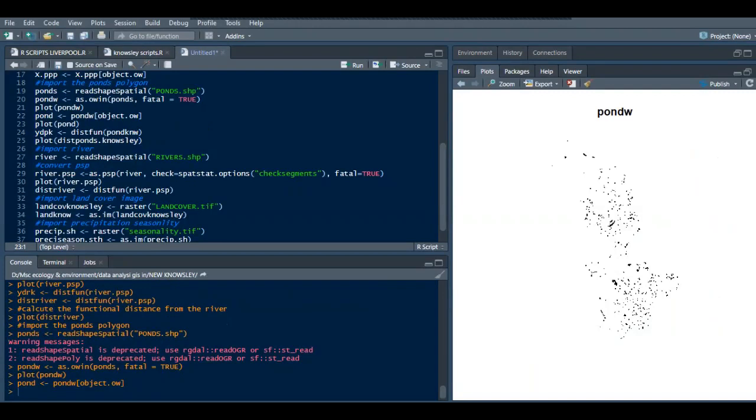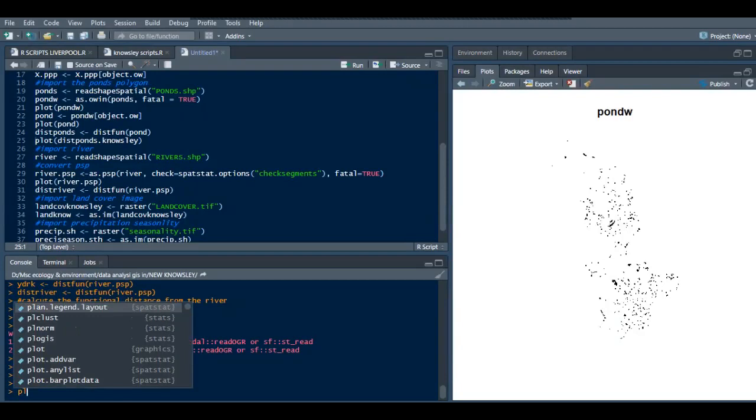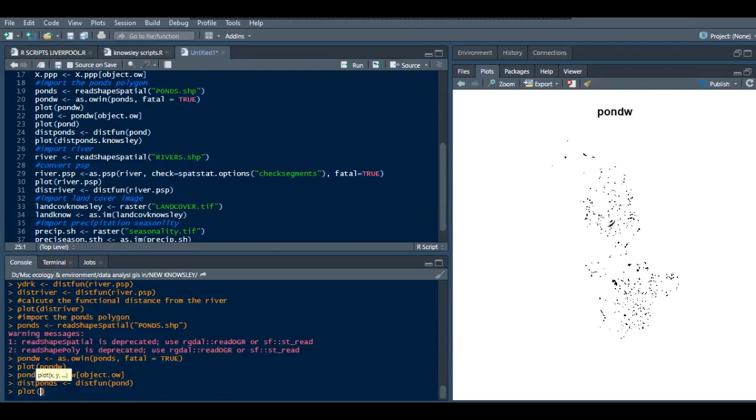We can also get the distance from the points, and I'll write dist point. So change the name here. To save time, let me use the pre-written codes. So you say record that. And now we can also plot the distance points.